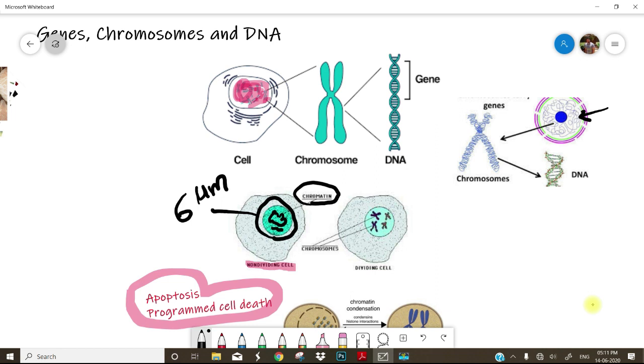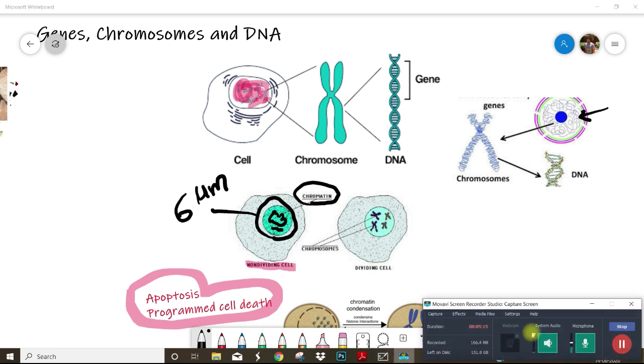If you stretch the chromatin material, it will reach up to 2 meters. So that 2-meter-long chromatin is condensed inside the 6 micron diameter nucleus. That is a very strange thing we can see in the case of the cell.